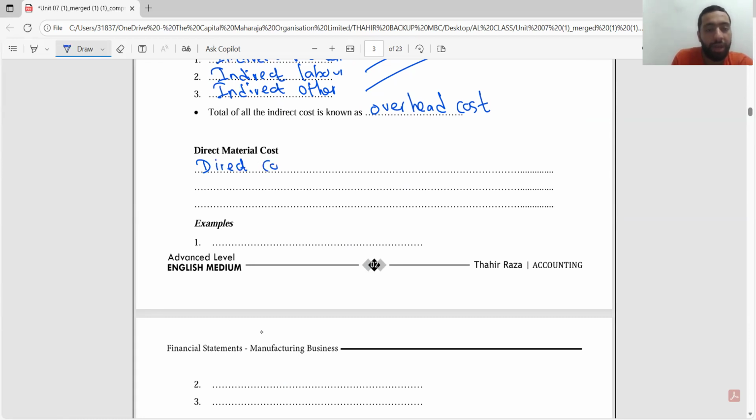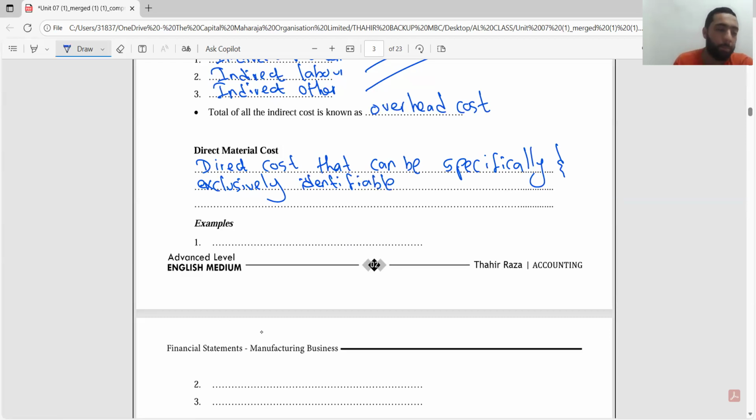Direct material cost is direct cost that can be specifically and exclusively identifiable in the finished product. Right?